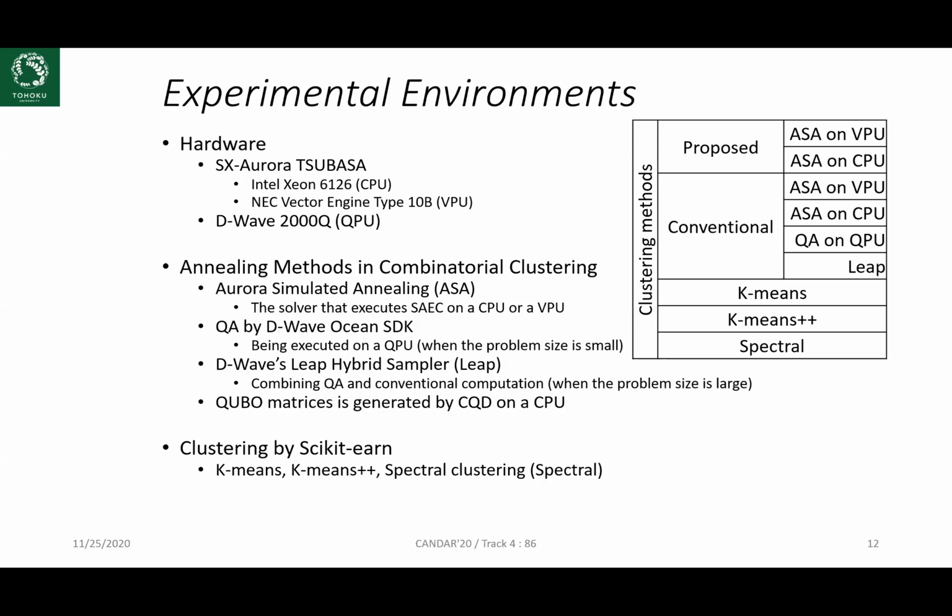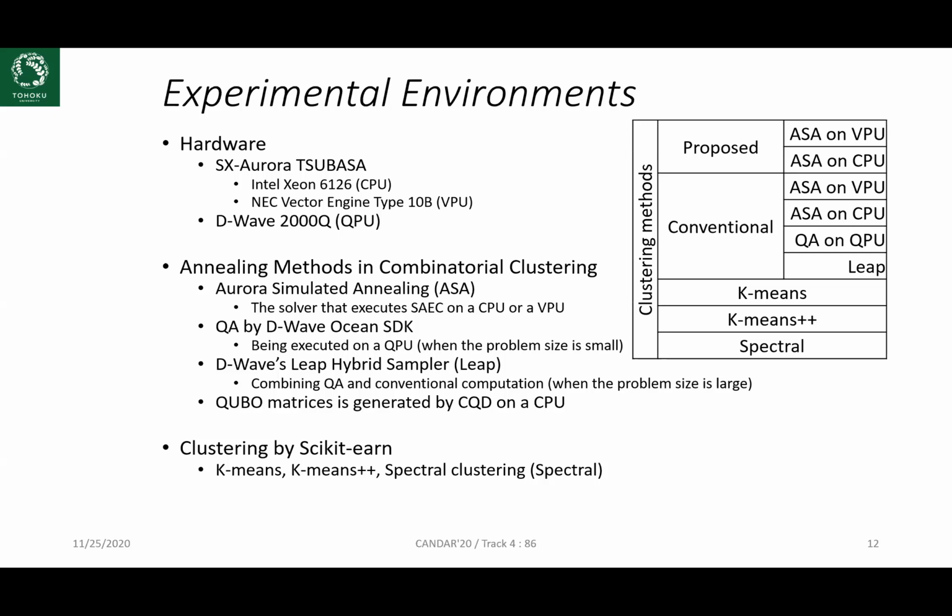Therefore, a hybrid solver that combines QA on a QPU and conventional computation on a CPU is used for larger problems instead of using only QA. This paper uses D-Wave's Leap hybrid sampler, Leap, as a hybrid solver. Leap is used through the D-Wave Ocean SDK Python interface.